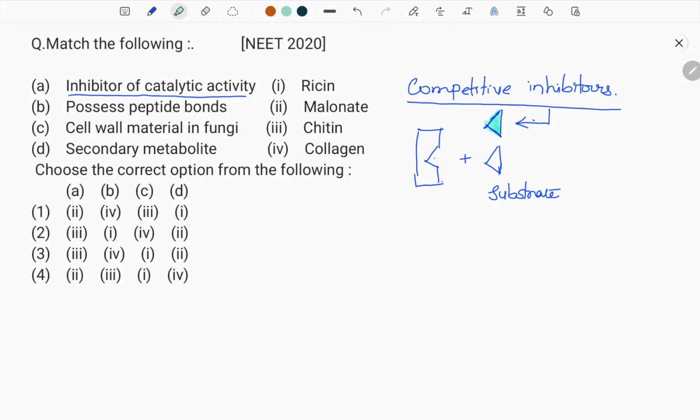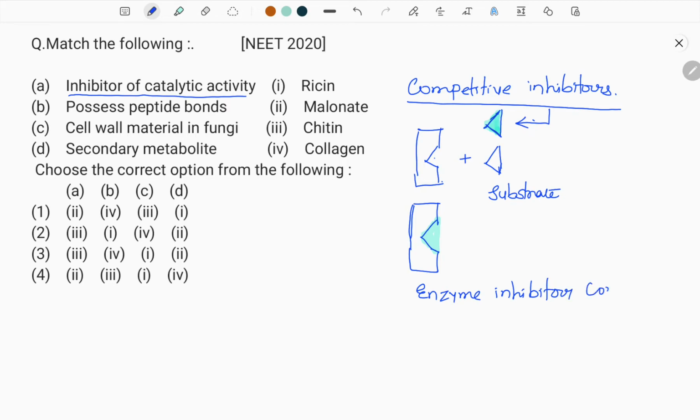So here, instead of enzyme substrate complex, an enzyme inhibitor complex is formed.